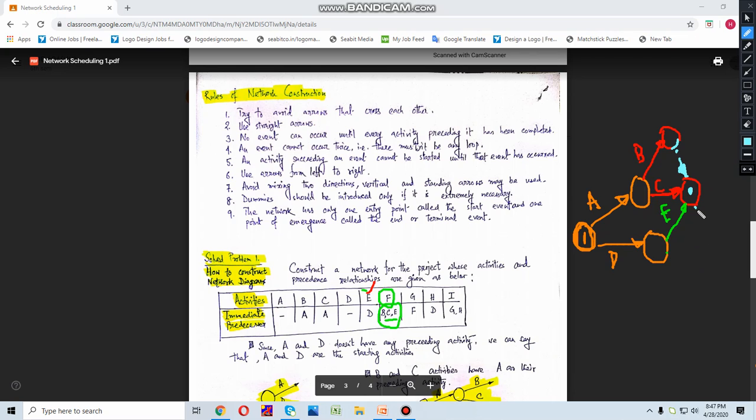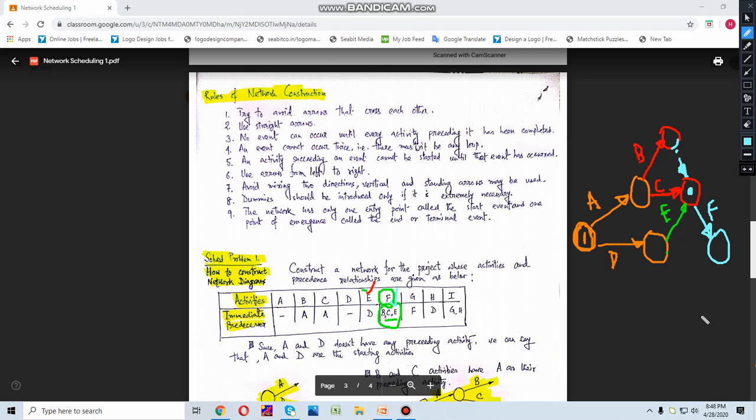Okay, now you can generate a separate activity F over here. So now you can generate an activity F which certainly follows the conditions of immediate predecessor, as F has the immediate predecessors B, C and E. Here you can see that B, C and E are getting merged here.